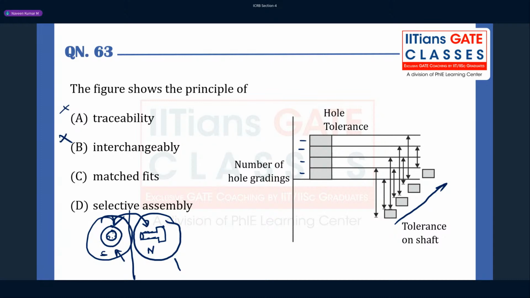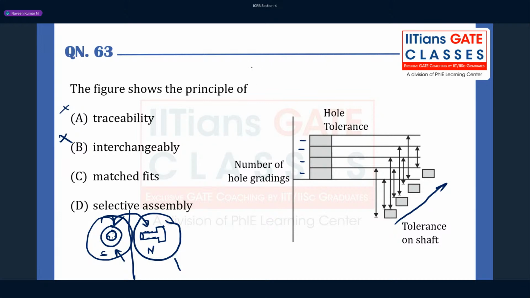Okay. Next we will discuss what matched fits are. If you are talking about some shaft and hole, you might feel that this will be the right answer, but I'll tell you what this is. Matched fits tell about the level of tightness or looseness between two mating parts like shaft and hole, whether it's a clearance fit or an interference fit.